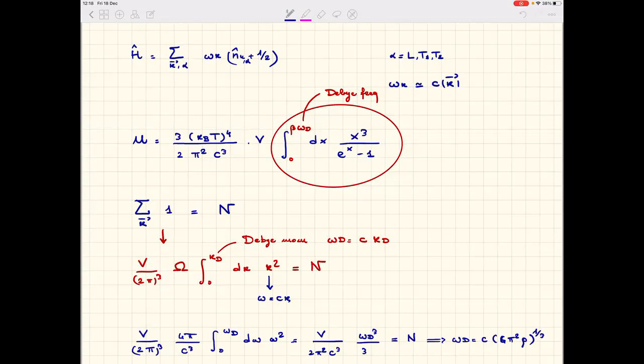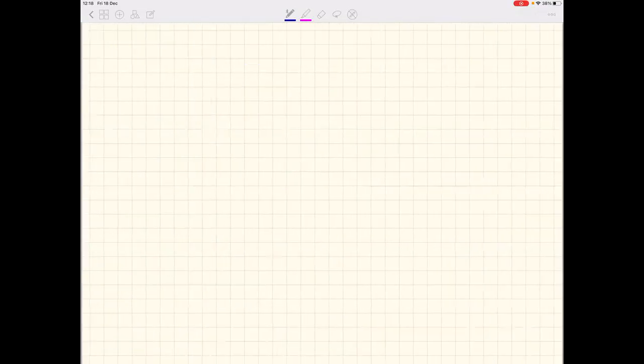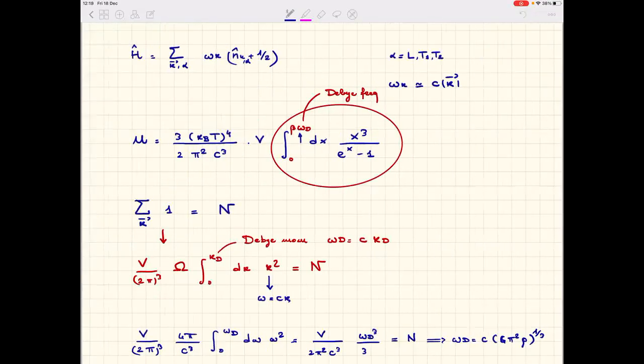Therefore, if I take this expression and consider the fact that I have an upper cutoff in here, the average energy per number of particles is not proportional just to temperature to the 4th power.